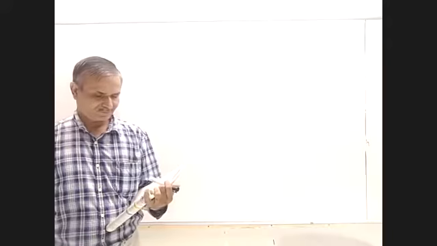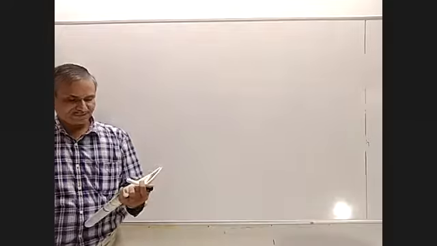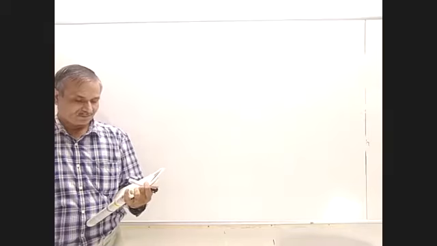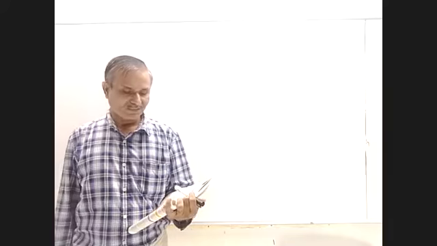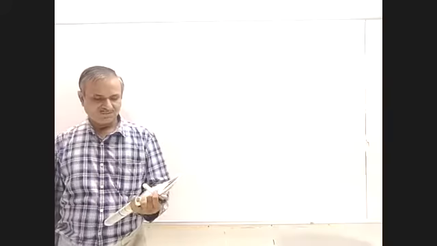So, I'll dictate the problem, you should write the problem. A 5 centimeter high object is placed at a distance of 25 centimeter from a converging lens of focal length of 10 centimeter.